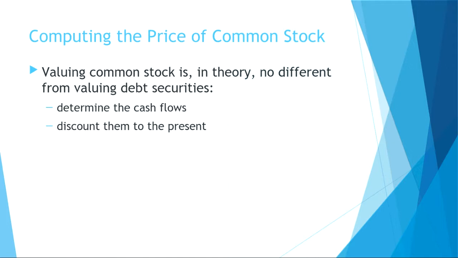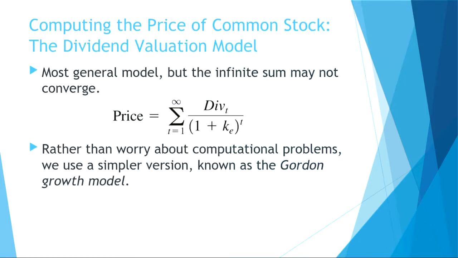Or if it is not possible to discount the cash flow of dividends, we discount the company's free cash flow to the present value. So the value of this company is equal to all the discounted present and future dividend payments, right? So this is the dividend model.